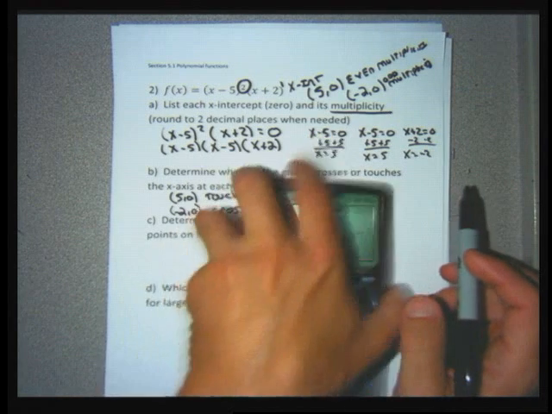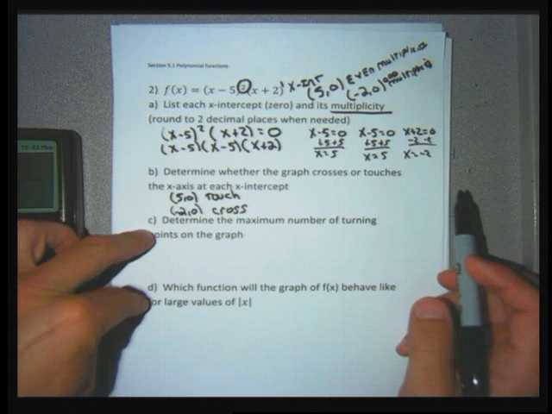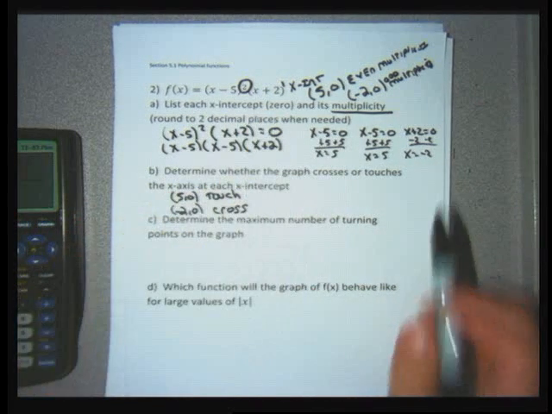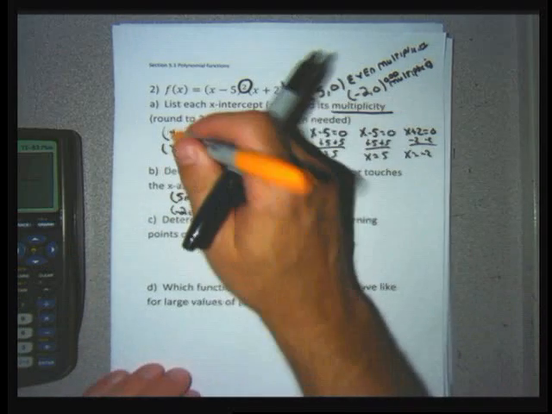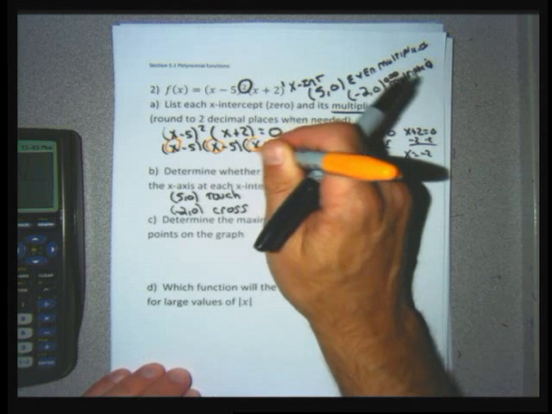To figure out the maximum number of turning points and what the graph will look like, what I'm going to do in this expanded form, when I wrote the problem without the exponents, is multiply the first item in each parentheses.